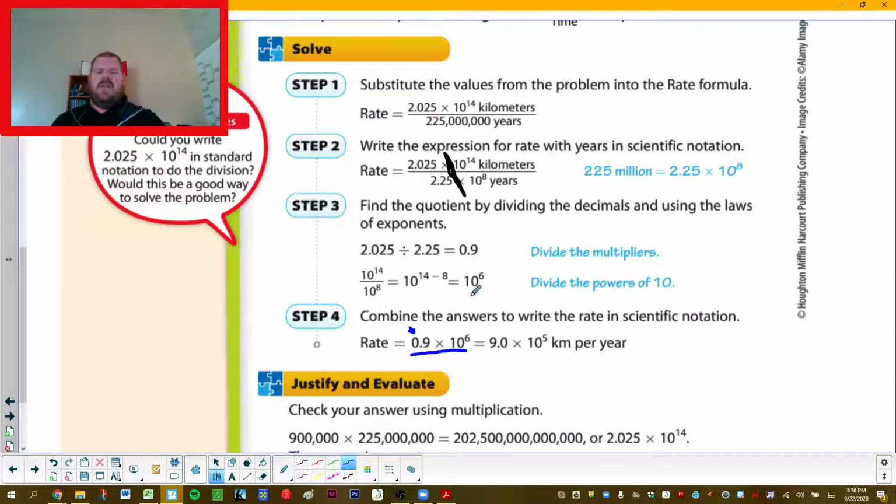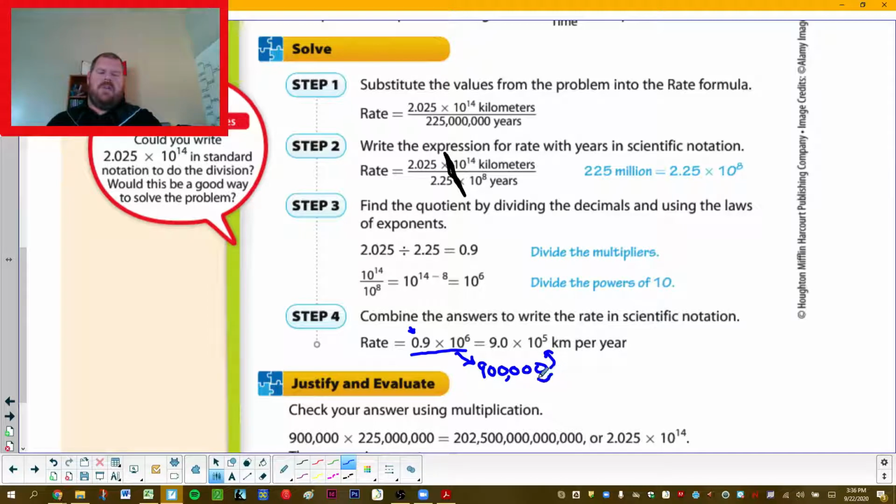I would recommend taking this 0.9 times 10 to the 6th. I'm moving the decimal 6 times to the right, which is going to give me 5 zeros: 9, 1, 2, 3, 4, 5. And I get a comma right there. I recommend turning it into standard notation and then going back into scientific notation.